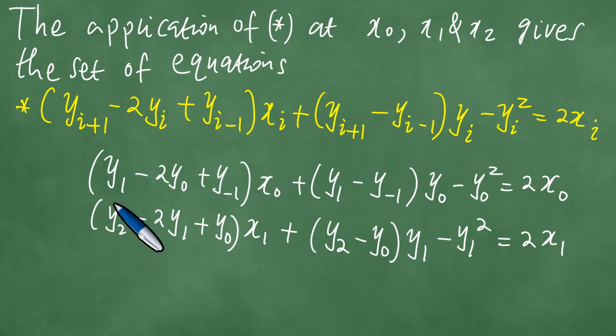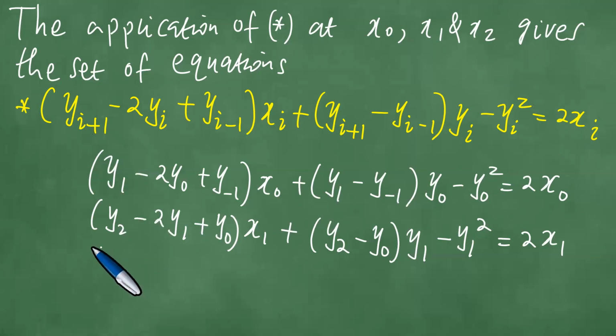Now, then we continue. This is when i equals 1. And then we can continue and look at what happens when i is equal to 2, for example. How does it affect the x's? Does it yield any of them? Okay, because this goes up to x2, so it makes sense. We can take i equal to 2.